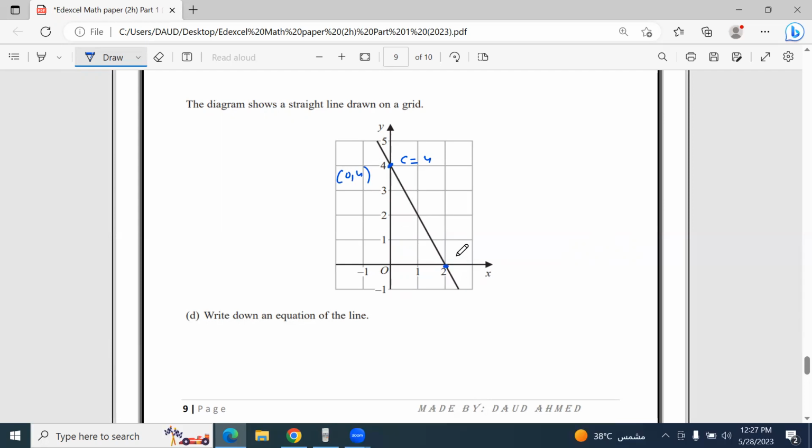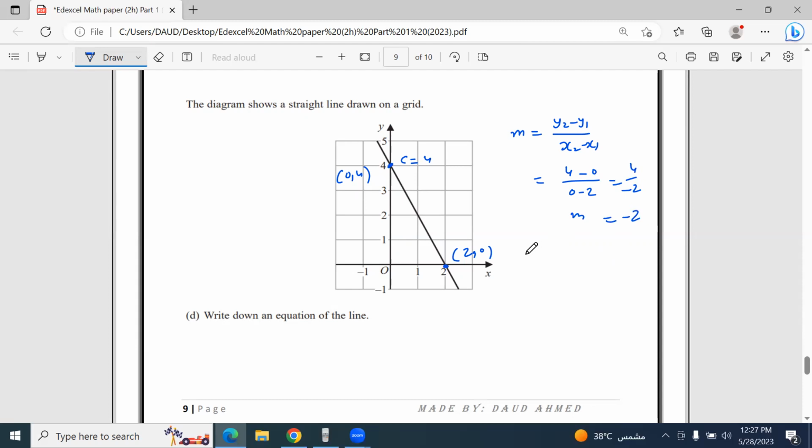I need 2 points to find the gradient also. This is 2 comma 0, so I can say that the gradient is y2 minus y1 over x2 minus x1. If I apply the values here, 4 minus 0 over 0 minus 2, that gives me 4 over minus 2, which is equal to minus 2.